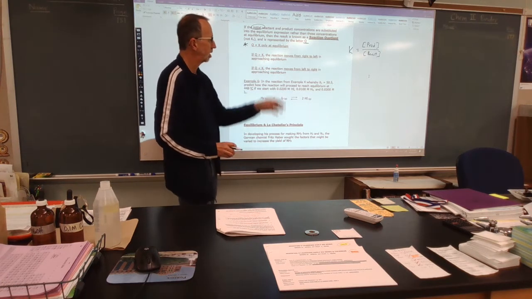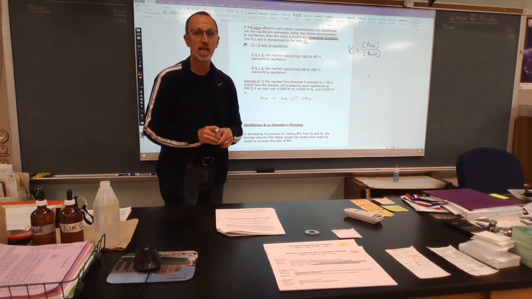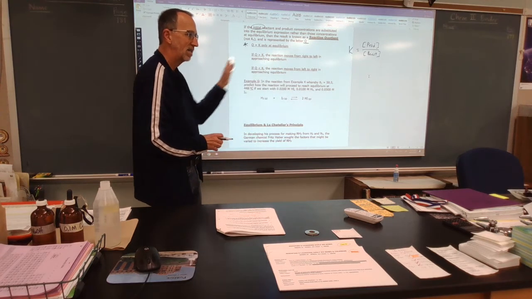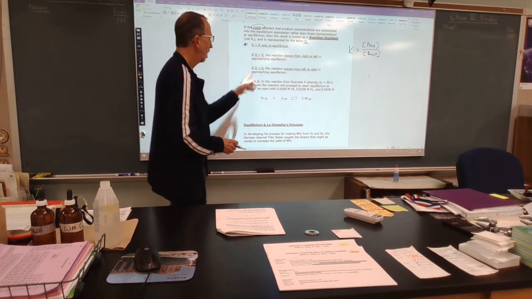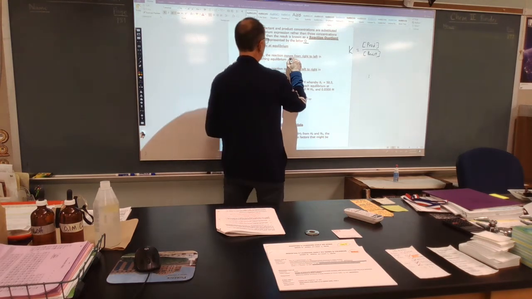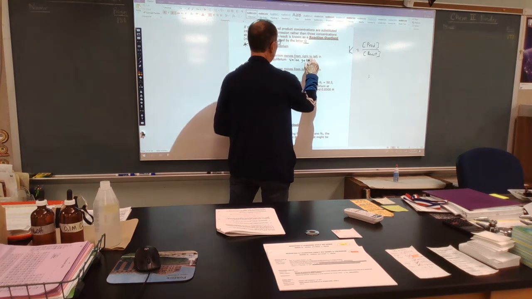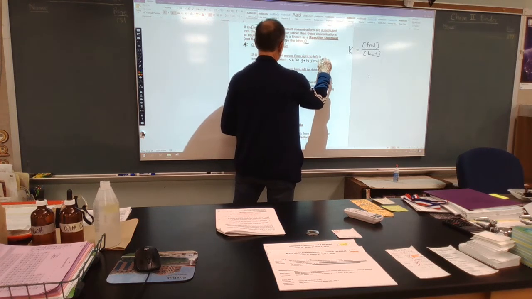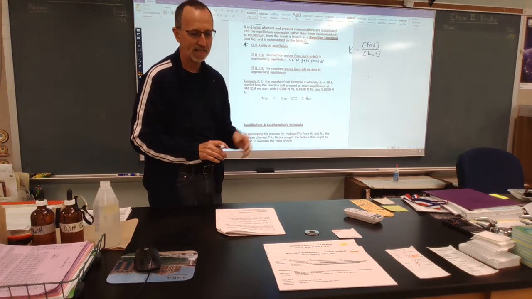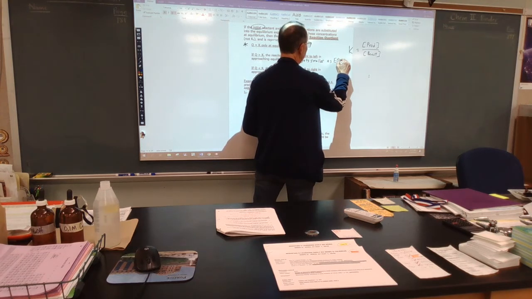If Q is larger than K, as in our example we just did, the reaction will approach equilibrium, and the value is smaller. At equilibrium, that number has gotten smaller.